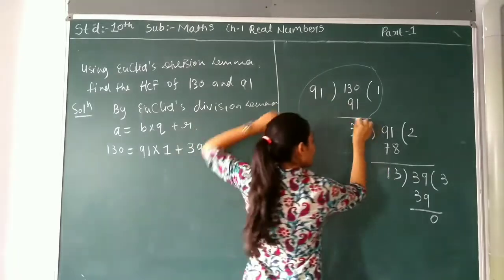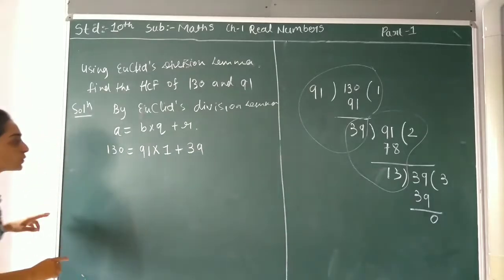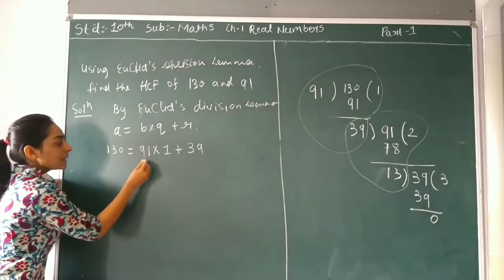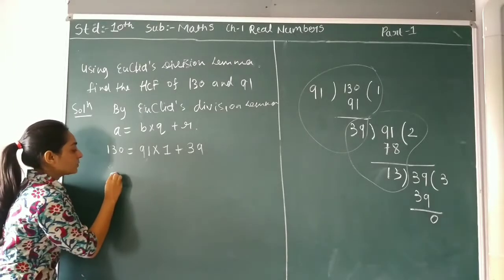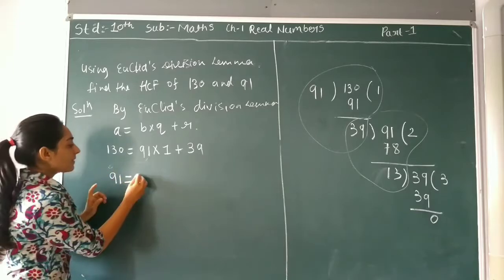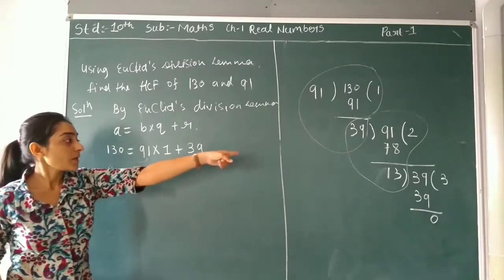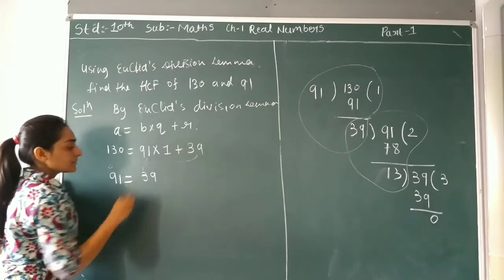I'm going to write only this portion. So I'm taking this 91 as my dividend. So 91. In the second step I have taken 91. So 39 means this one. I'm taking this side.